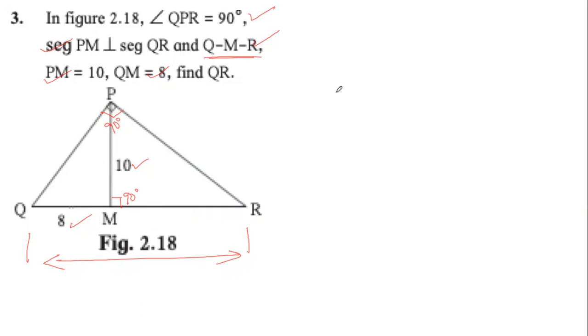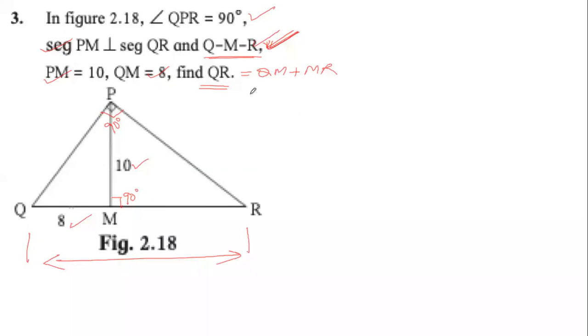So this question also can be solved using the theorem of geometric mean. But unlike the previous question, this cannot be answered in one step. It will take 2 steps. Understand that QR is nothing but QM plus MR. Why? Because Q, M, and R are on a straight line. Very clearly, it is visible.